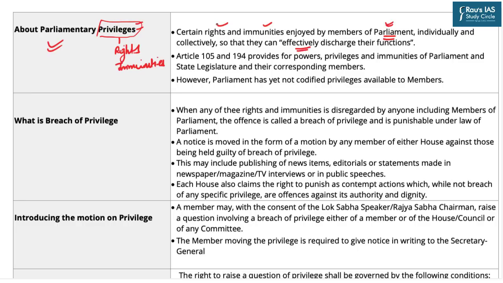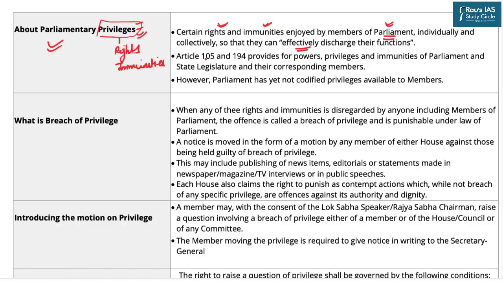Because if certain extra rights and immunities are not provided to the members of parliament, there might be some external threat because of which they might not speak freely or give their 100% in the houses. So in order to allow them to discharge their functions efficiently and effectively, certain rights and immunities are provided to them, and these are called parliamentary privileges.